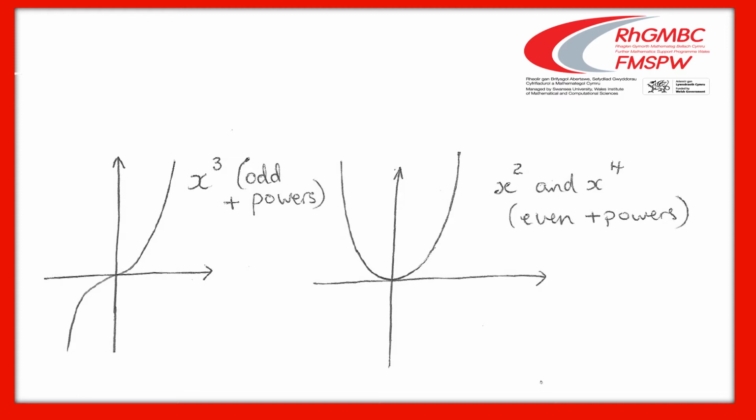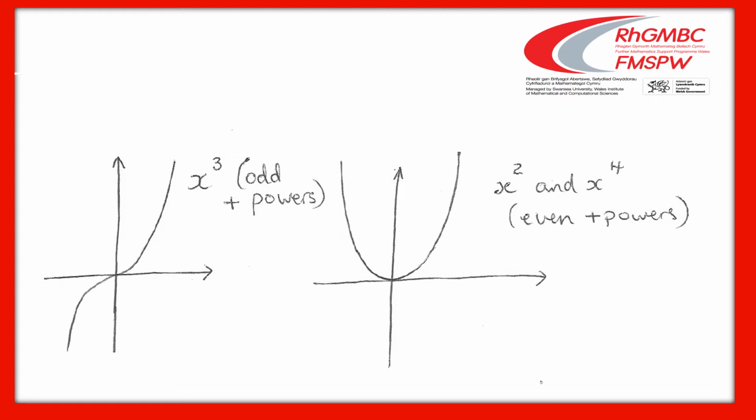Before we start any of the questions, I just wanted to recap on the shapes of curves like x cubed and any odd positive powers, as well as the even powers, x squared and x to the fourth. As we can see with x cubed, for large positive x, y is also large and positive.